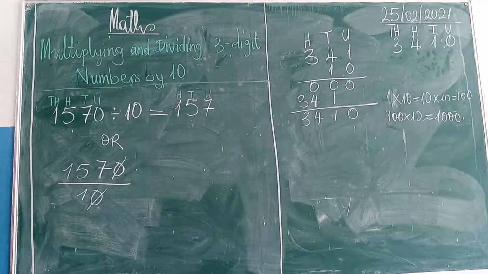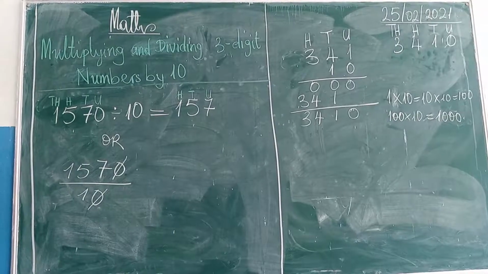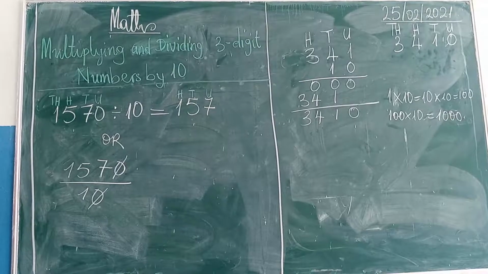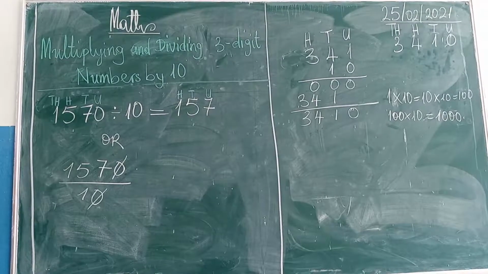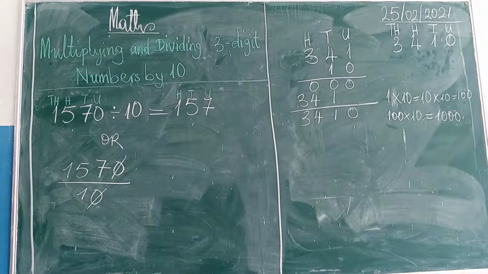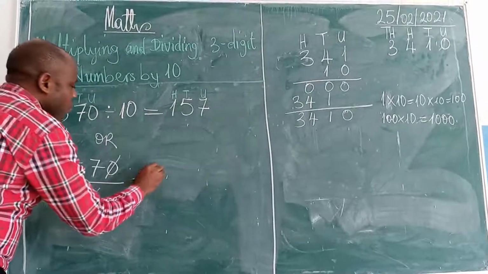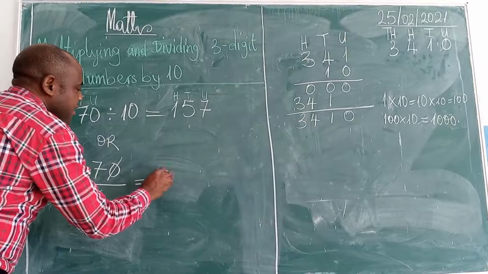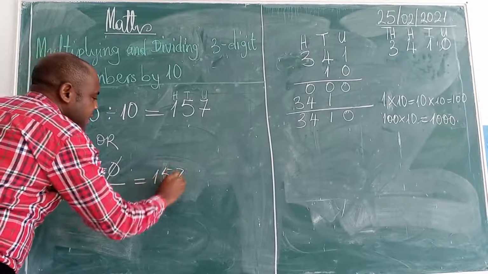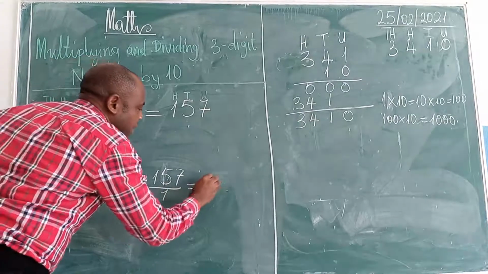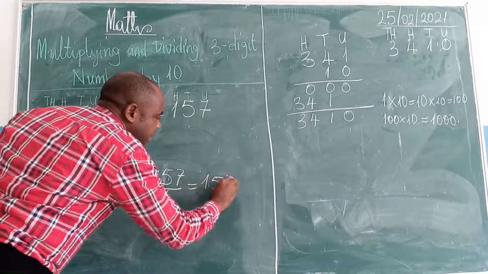And any number divided by 1 remains the same. Any number, 1 million divided by 1 is 1 million. 10,000 divided by 1 is 10,000. So we have that 157 divided by 1, which is equal to 157.